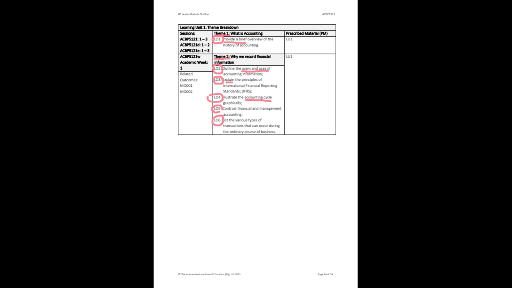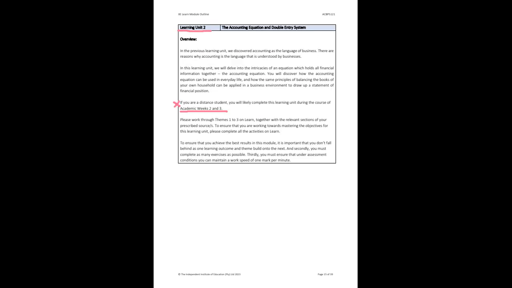They tell you exactly what you need to have mastered in order to be ready for the assessments. Then in our second learning unit, this is the accounting equation and the double entry system. This one you should have done in weeks 2 and 3, so basically have finished this up by the end of, let's say, this weekend that's just passed.